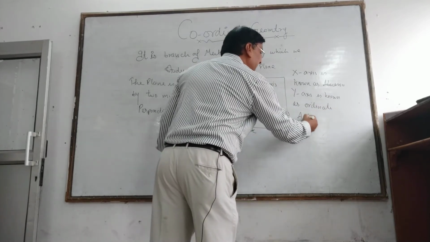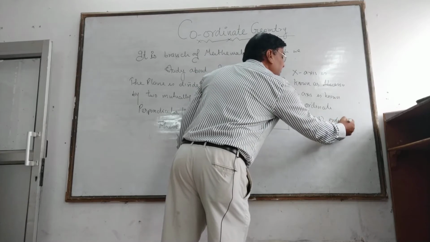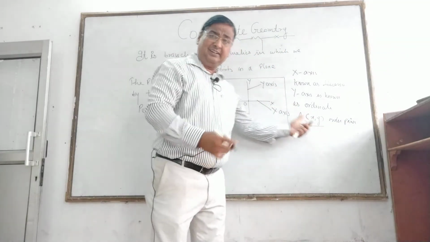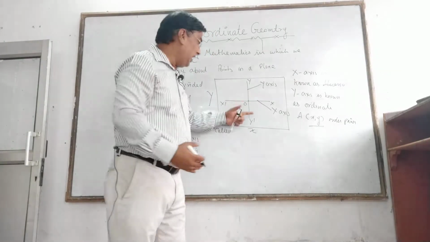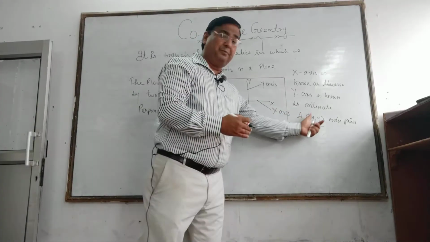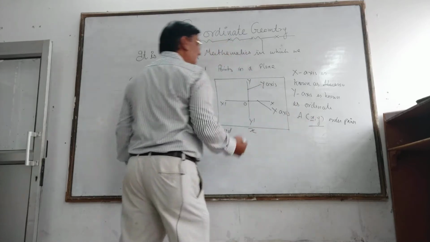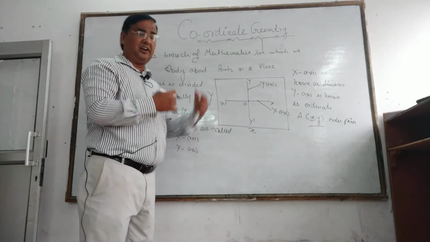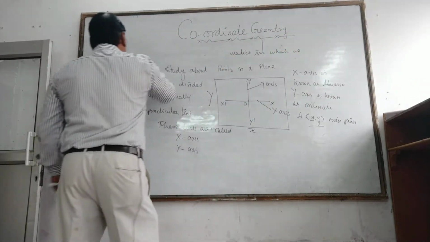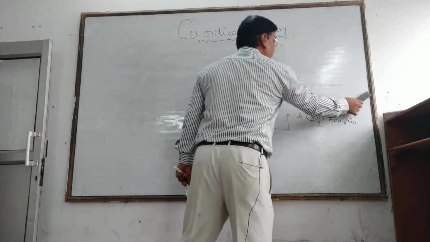And the point A (x, y) is known as an ordered pair. In this ordered pair, the x value is on the x-axis and the y value is on the y-axis. So if you want to locate the point A (x, y), then we need the point on the x-axis, that is the abscissa, and the point on the y-axis, that is the ordinate. Look here, this is how you will locate the point and get its exact position with the help of coordinate geometry.